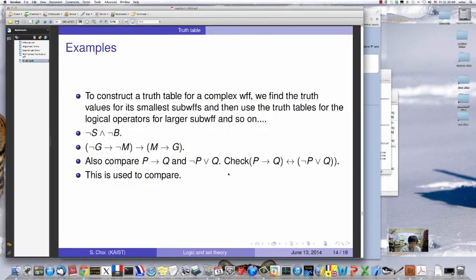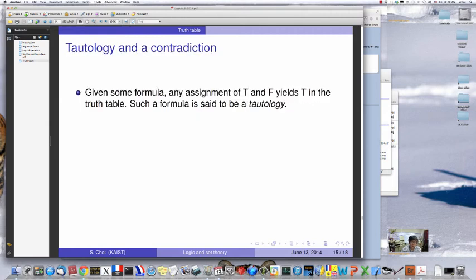Okay. So you can do many of these kind of logical table games here, and you can also do XOR or these kind of things. So tautology and contradiction. So given some formula, any assignment of true or false gives true in the truth table.